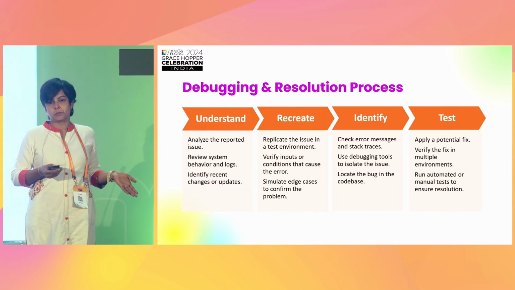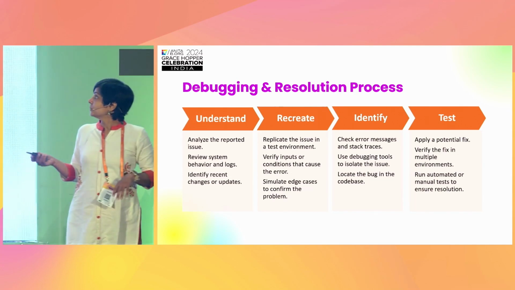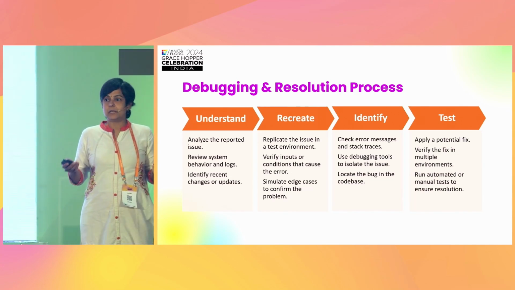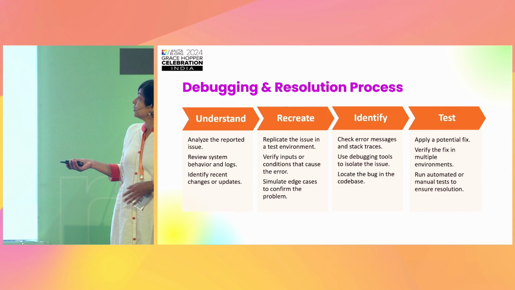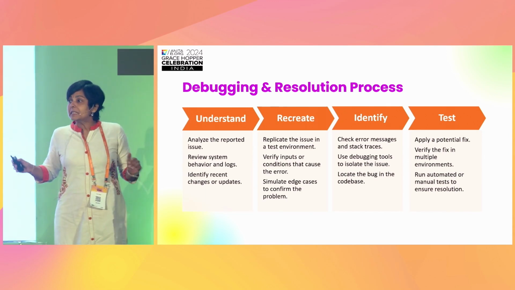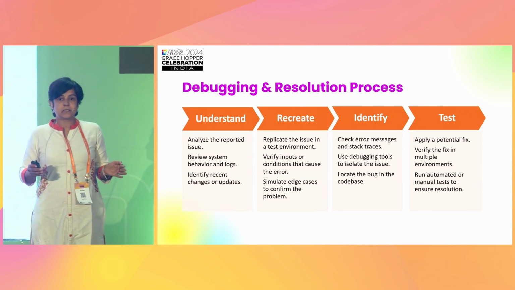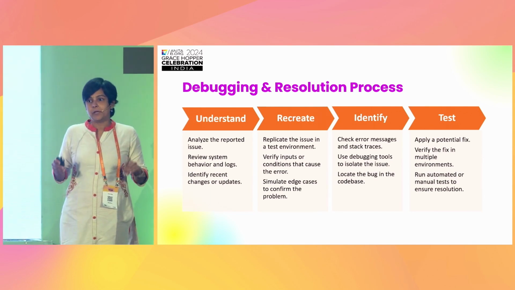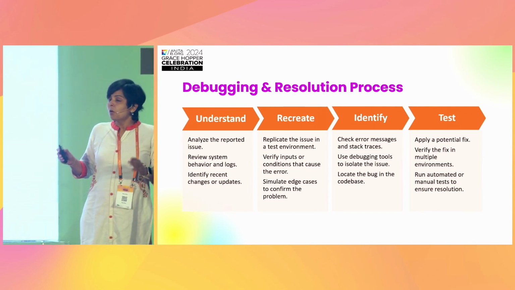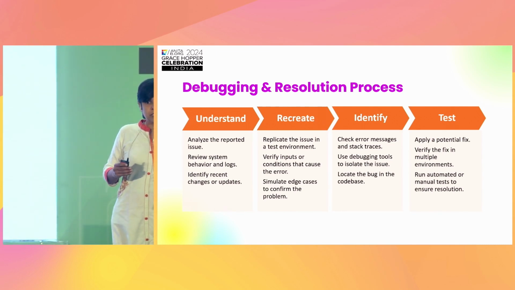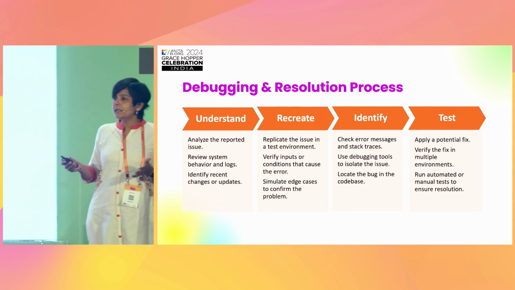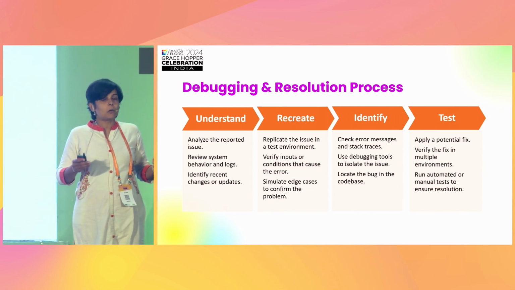Before going there, we will go through what happens when the debugging process happens, up until the resolution. When we have an issue, we have to understand that the problem is real and it is not working as expected, and we should know what the problem is. Once we understand the problem, we try to recreate the problem locally in our test environment. Many times, that recreation of the problem doesn't happen.